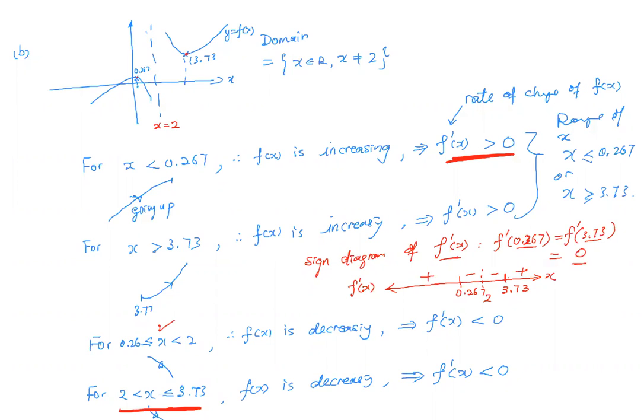Okay. Then another thing that I want to do is, how am I going to do this manually if I was required to find it manually? If I was required to sketch this graph manually, first of all, I have to find the gradient function.